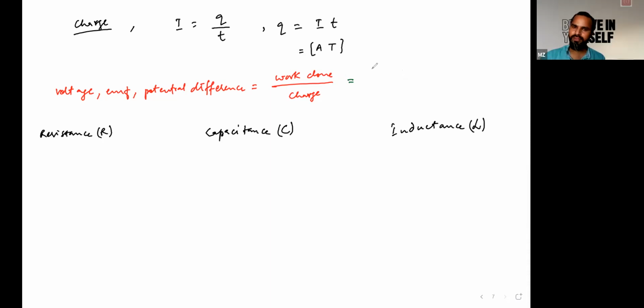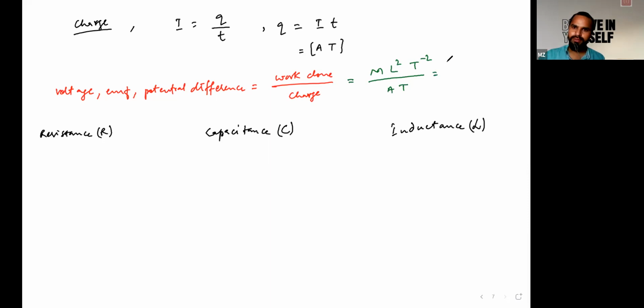Just say we have work done. Work done is nothing but ML²T⁻². There is some error, Alan. Work done is ML²T⁻², divided by charge. Charge is nothing but A into T. So just write it.